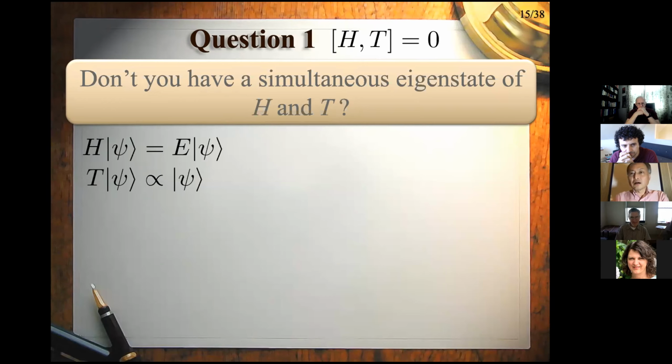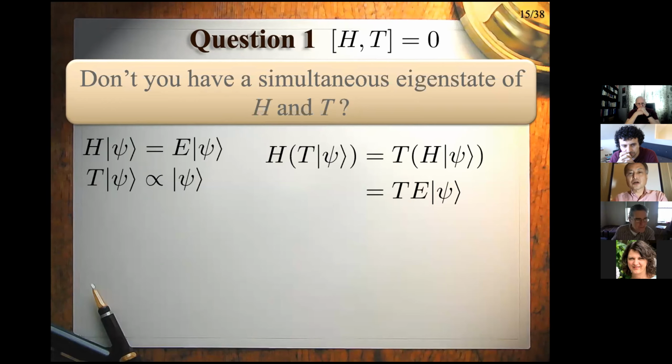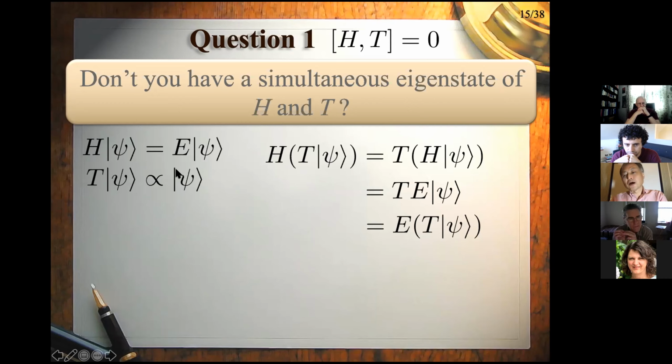Well, Carl should know the answer. Suppose H and T commute like this. Then T applied to the eigenstate is also an eigenstate of the Hamiltonian with the same eigenvalue. But in fact T is an antilinear operator. So this is the correct answer.